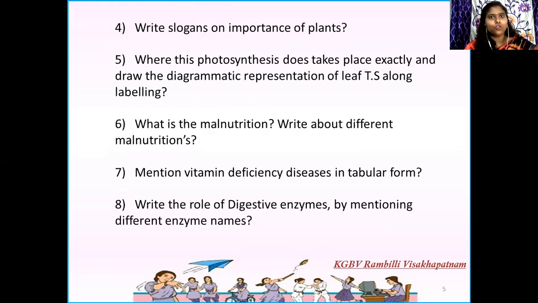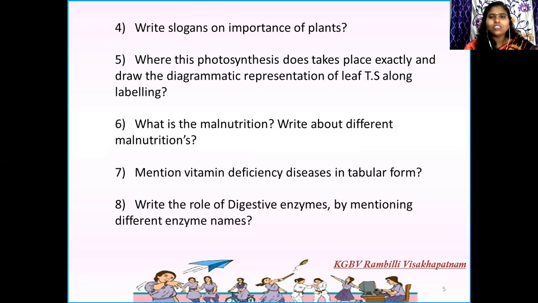The fourth question is: write slogans on the importance of plants. We know very well the importance of plants. They are the universal food providers, and they also give us furniture, clothes and medicine.